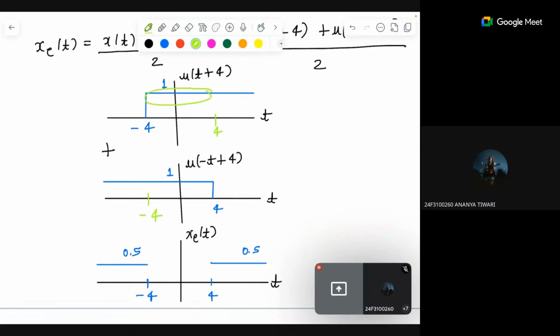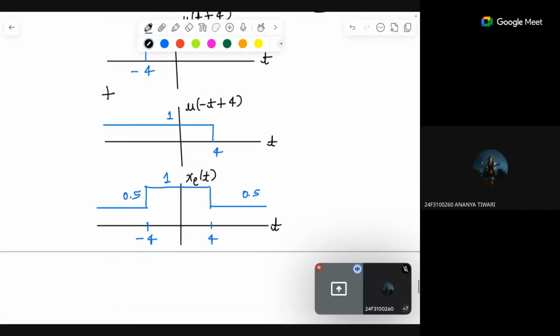The second signal is 1. 1 plus 1 is 2. 2 divided by 2 is 1. Is it clear, class? So now we have our even part. This is the even part that you guys got.